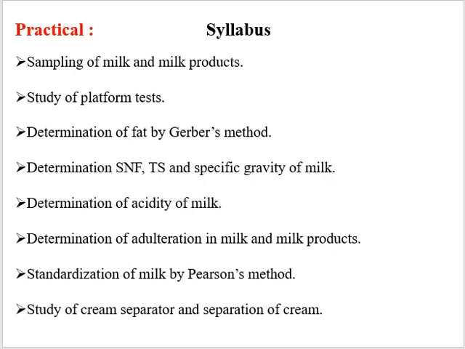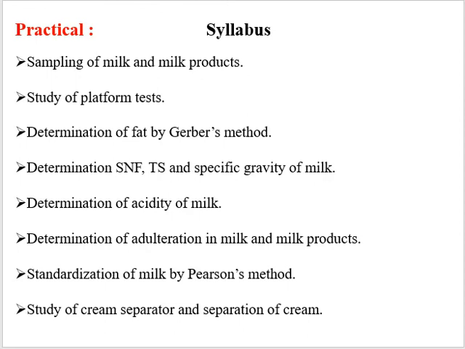Then the next one is the determination of SNF, total solids and specific gravity of milk. SNF is determined by formula, and total solids are determined by formula as well as by the experiment method. A crucible is required, and a 3 ml sample is taken.